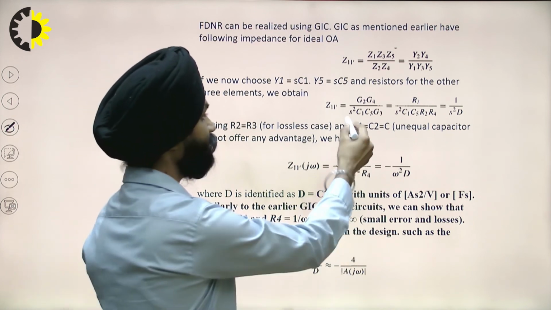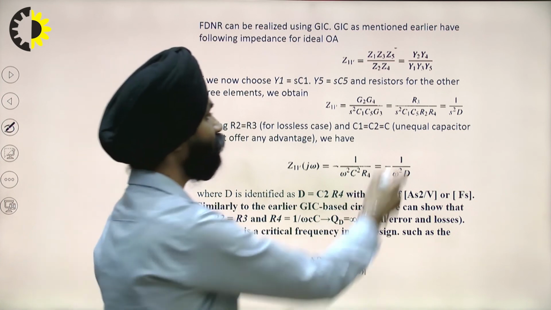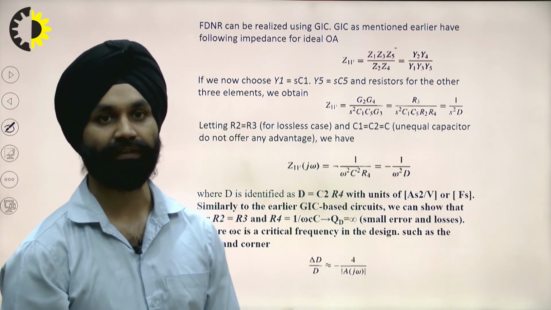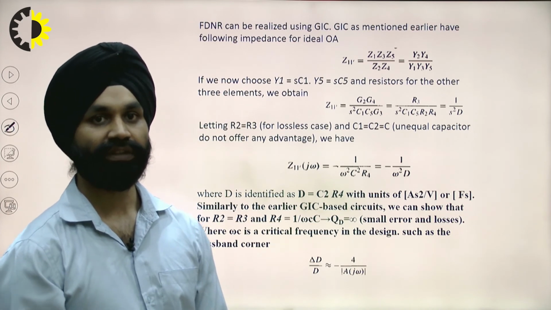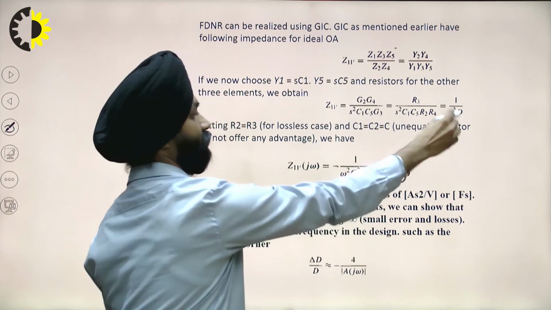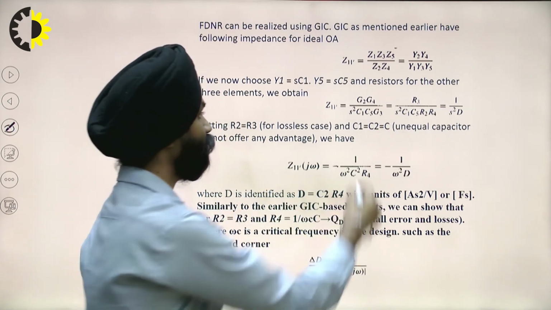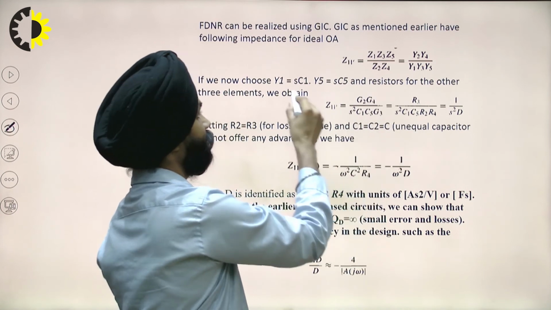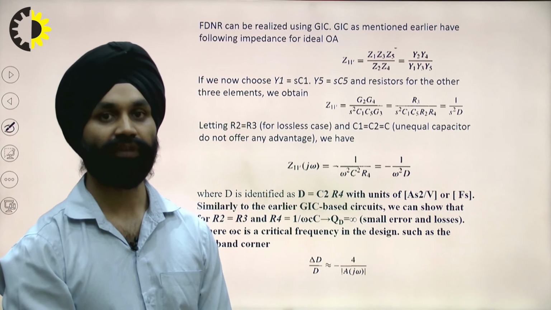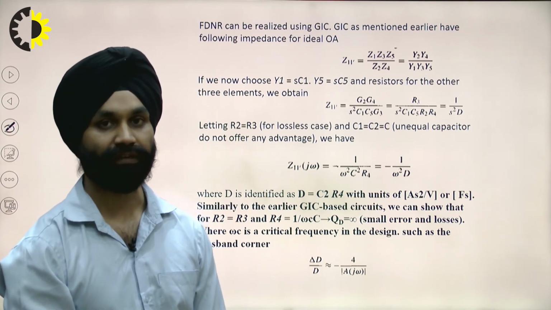Now if we see here, there is an S square term, and the rest of the term we can take as 1 by D. So this circuit with Y1 and Y5 as capacitive components will act as an FDNR.